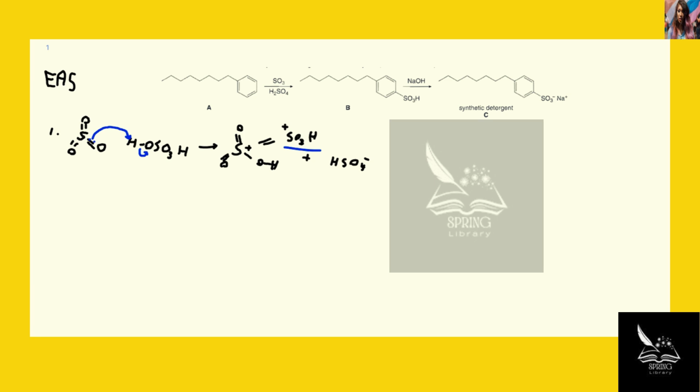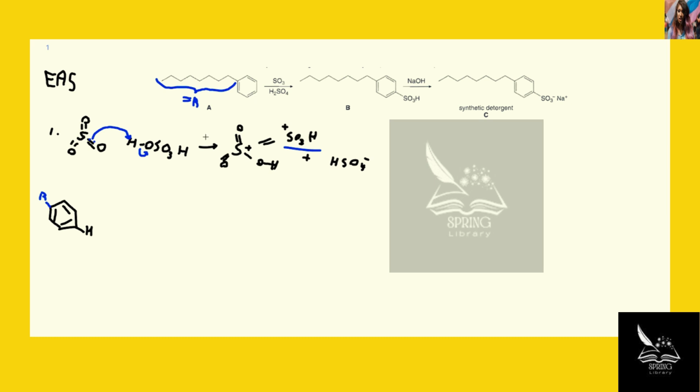Now we can go to part two of this electrophilic aromatic substitution reaction, and use our alkyl substituted benzene ring. I'm going to make a let statement: let this hydrocarbon chain equal R. So we have an R group here, which is this hydrocarbon chain, and each of these carbons have protons.